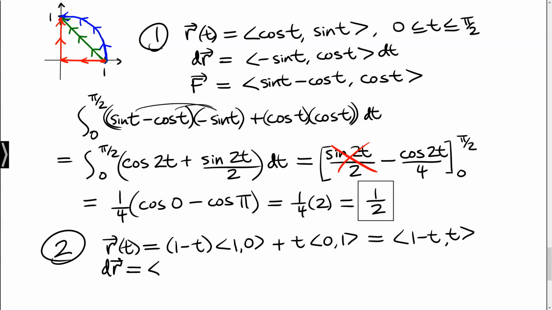It's just minus 1, 1 dt. And our force field, okay, so let's see, it was y minus x. So y minus x here is going to be t minus (1 minus t). So that's going to be 2t minus 1. And then x, which is going to be 1 minus t.